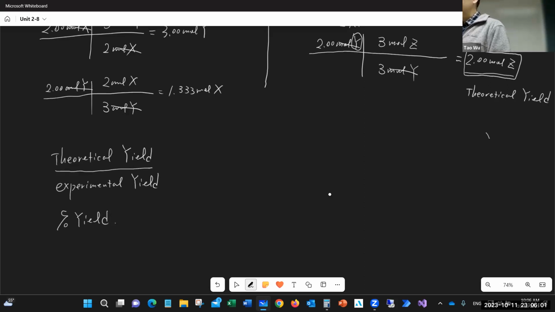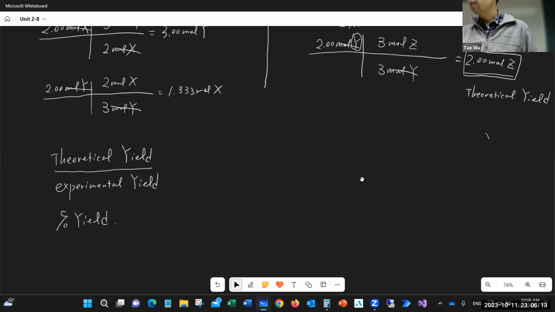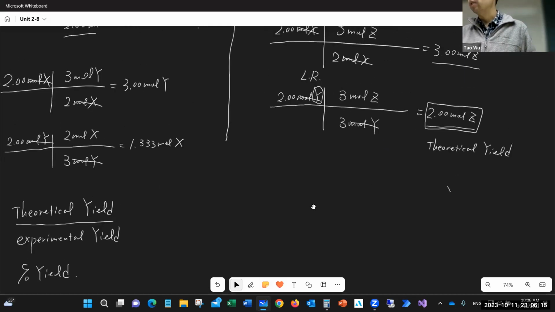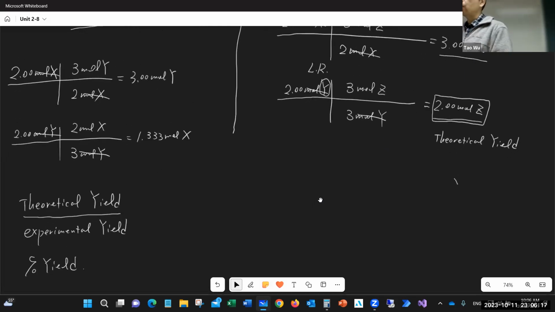Theoretical yield we already talked about, which is the maximum amount of the product that can be generated based on the limiting reagent. So that is called the theoretical yield.